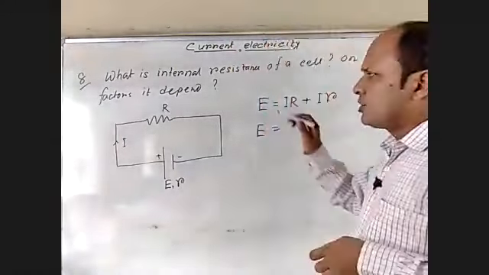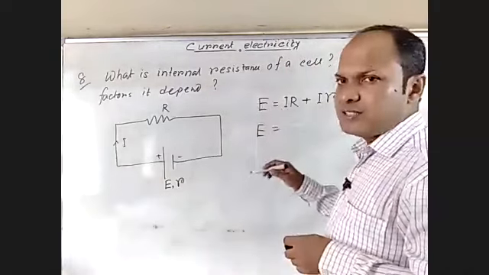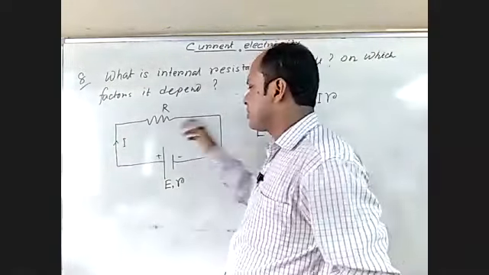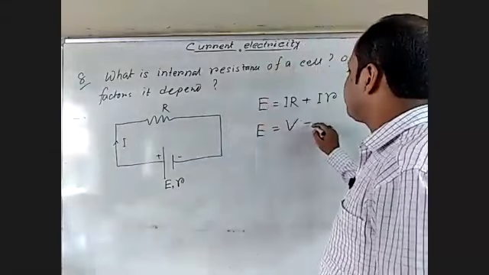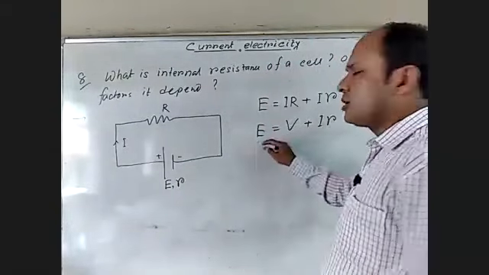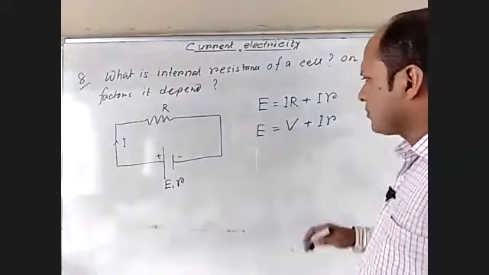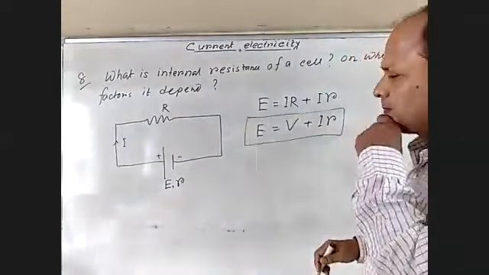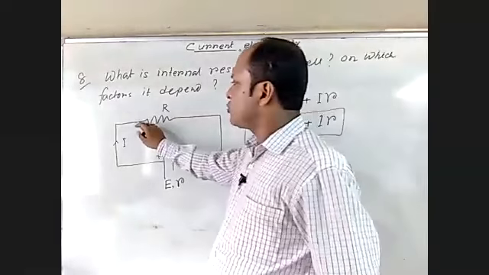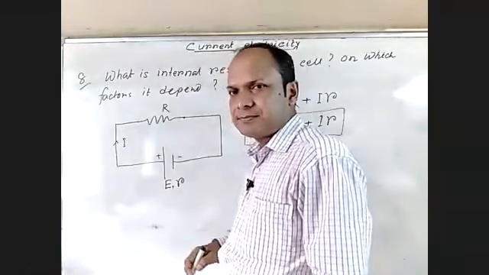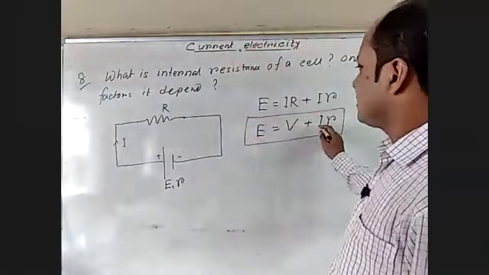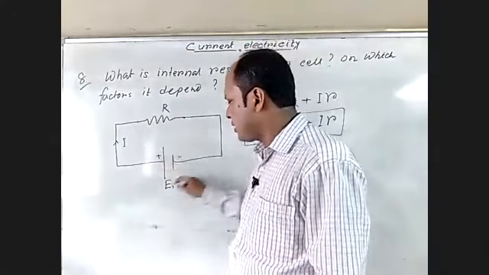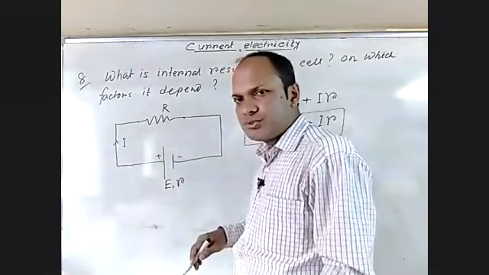So the voltage drop across that device or resistance is termed as V, and E equals V plus Ir. That is, the EMF of a cell equals the potential drop across the two ends of the conductor plus the voltage drop in between the two electrodes.